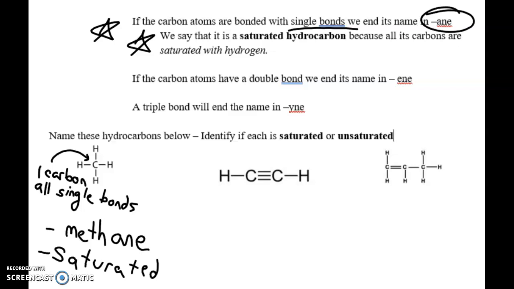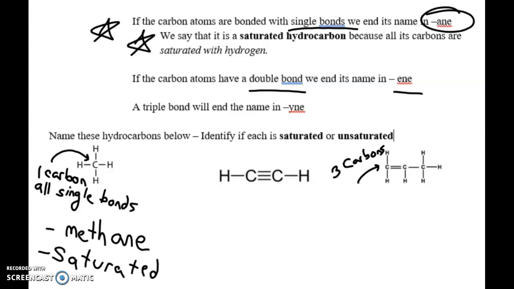All right, let's go to the other end on the right here. It says if the carbon bonds have a double bond, the name is going to end in ene. We have that occurring in the third one, the one on the right. If you look, we've got 3 carbons.